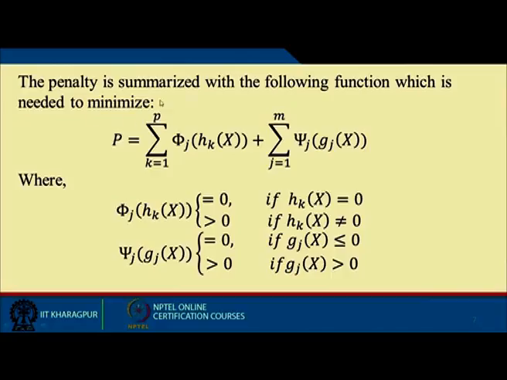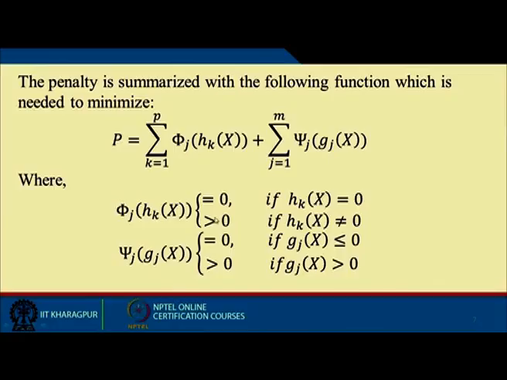Now, we can say that one function is a function of hk and another one is a function of gj. If we call one phi j and another psi j, then phi j is equal to 0 for hk(x) equal to 0, the equality type of constraints.